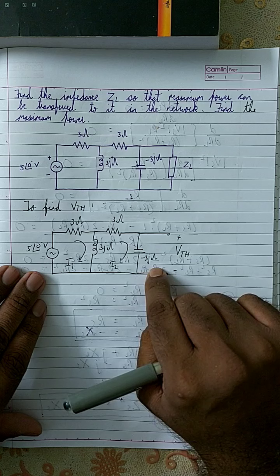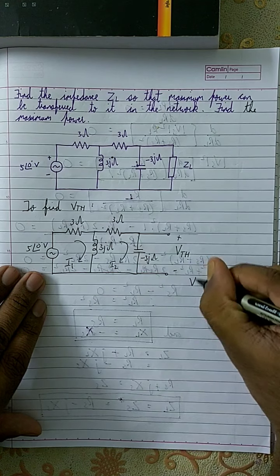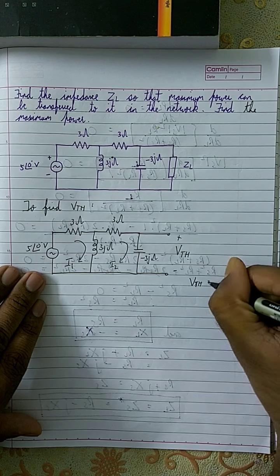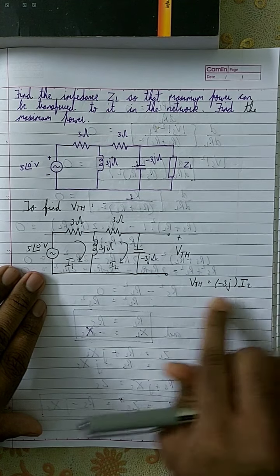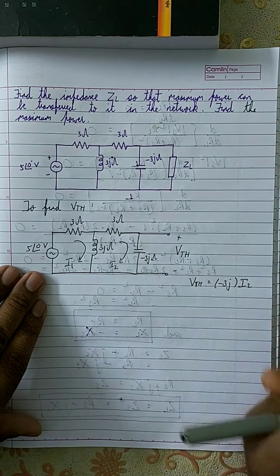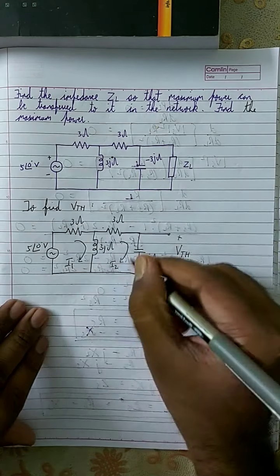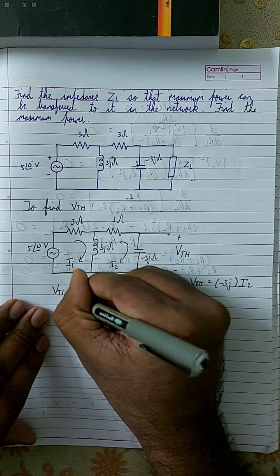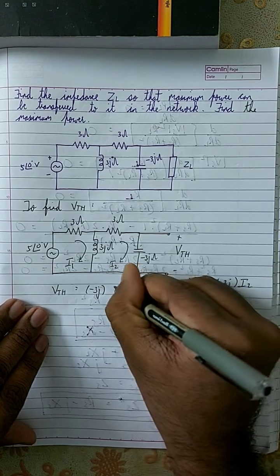So VTH is equal to minus 3j into I2. That is the voltage, which means you just need to find the value of I2. If you found I2, then you have found VTH.